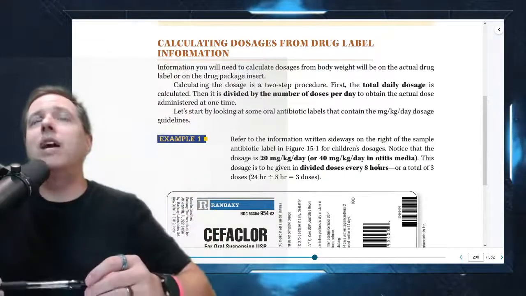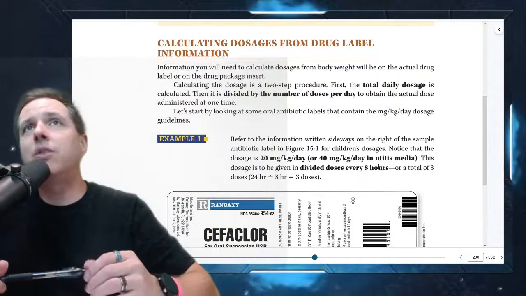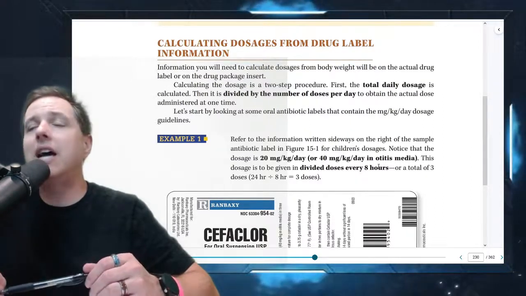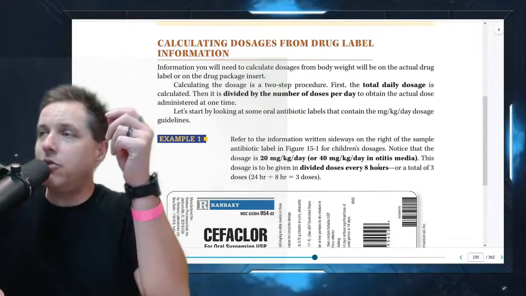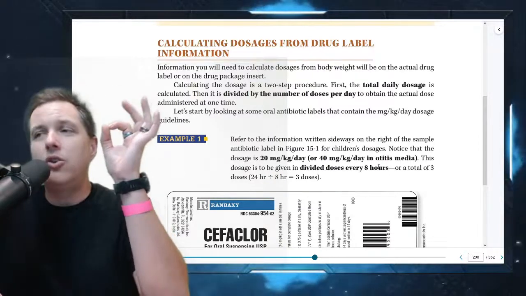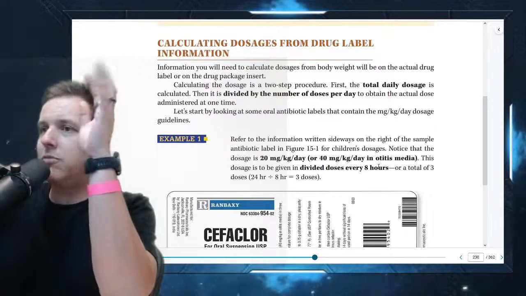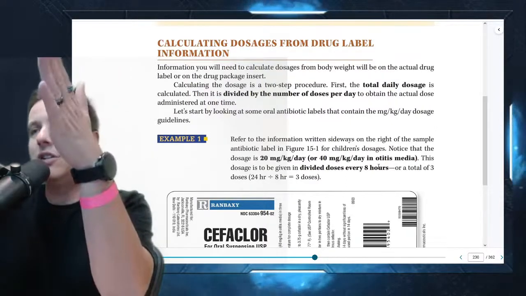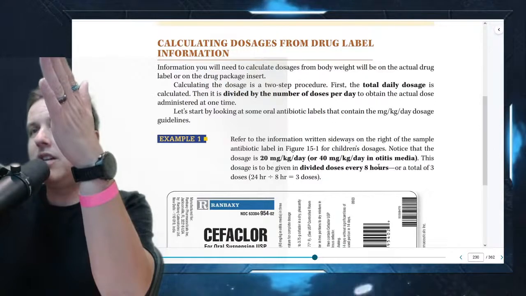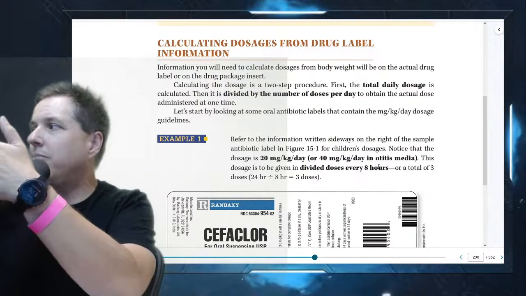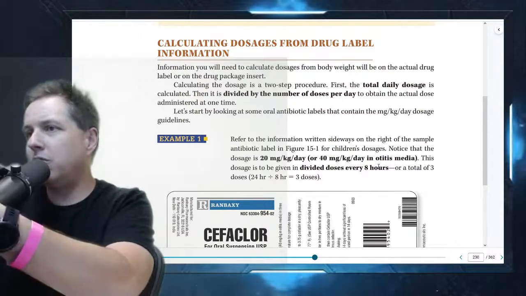So then it is divided by the number of doses per day to obtain the actual dose administered at that time. So here's where you want to be careful, right? It's pretty important that you make the distinction between the daily dosage that person is supposed to receive versus the dosage that they are supposed to receive at that particular time that you are administering the dosage.